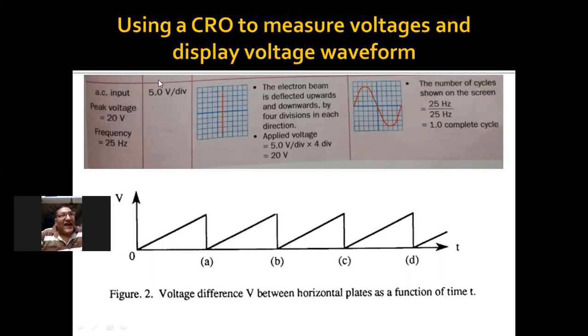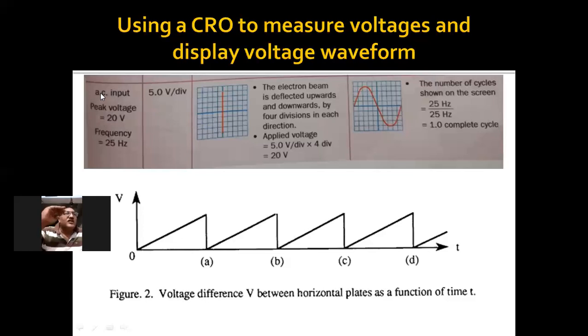And the Y gain setting, or we call it the Y axis scale, is 5 volts per division. It means on the Y axis, each square is representing 5 volts. So it's 20 volt. Divided by the scale, you will get 4. So this will go 4 steps up because it's alternating.